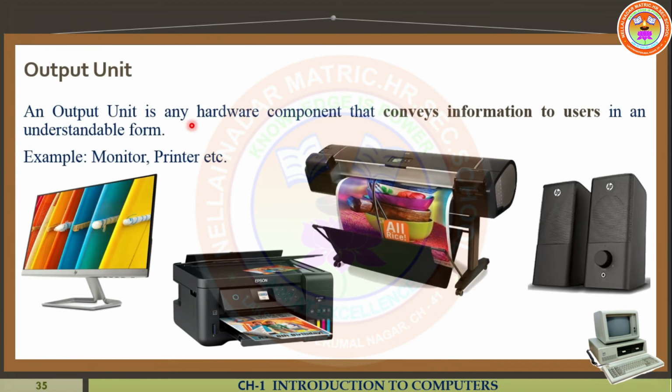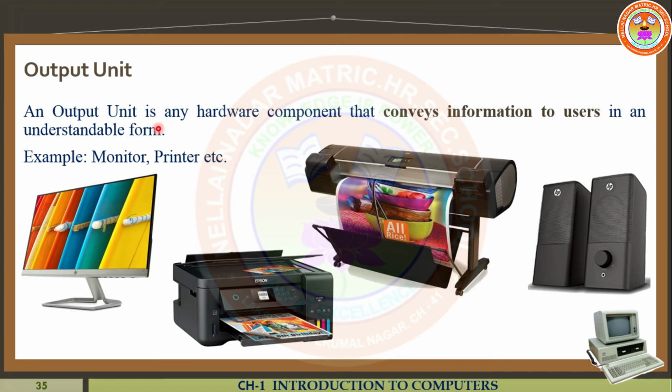The next thing is the output unit. This is the third very important unit, the output unit. An output unit is any hardware component that conveys information to the user in a user understandable form. In the very beginning, we just discussed the input unit, right? So what is the purpose of the input unit? We just feed the data. What data? Any form of data.